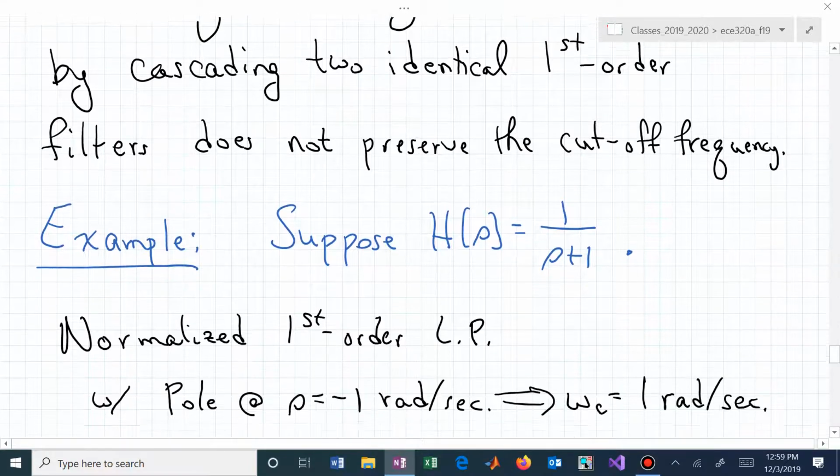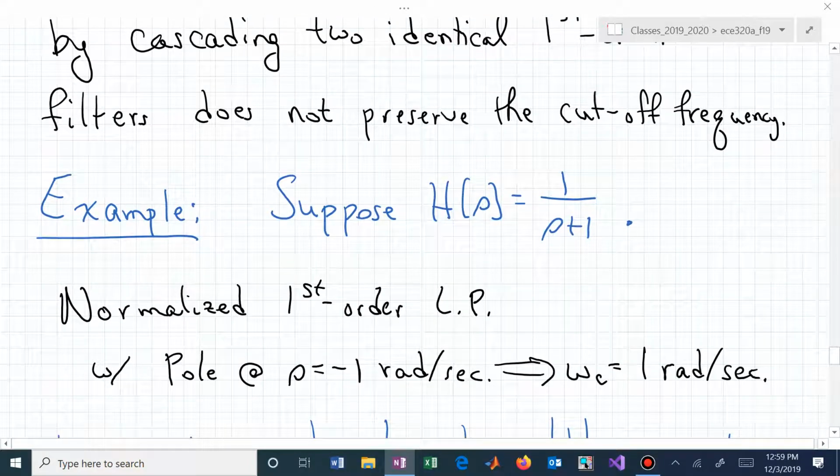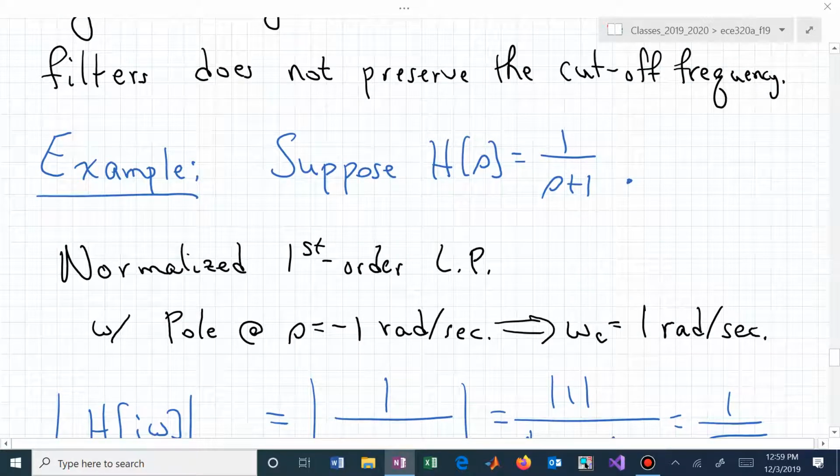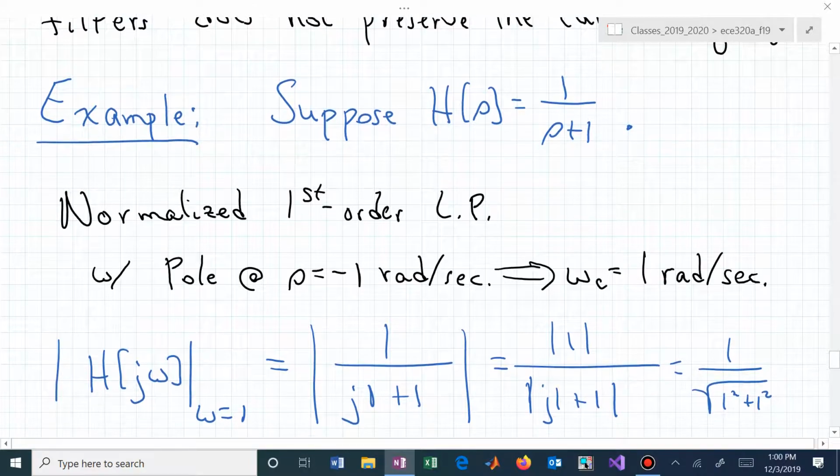And here's the illustration that I tried to quickly go over, and I know everybody had turkey mind or something last week, so we're reviewing that. H of S, our normalized low-pass filter, has a cutoff frequency of 1 radian per second, and we can now find what its true magnitude is going to be at the cutoff frequency, at omega equal to 1.